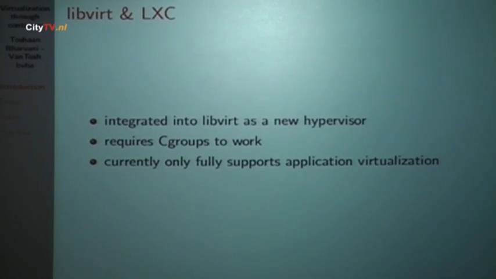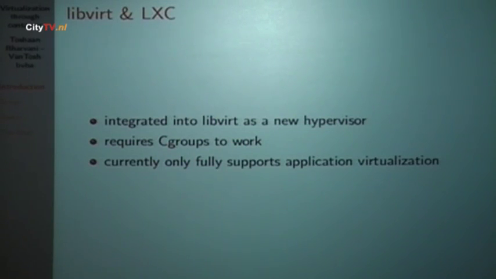My demo will be using libvirt. So how do libvirt and LXC combine? It's basically just another hypervisor that you can expose. libvirt has support for different hypervisors, and LXC is one of those. Using the libvirt library, you need to have Cgroups, which you anyway want to have if you want to do container resource management.